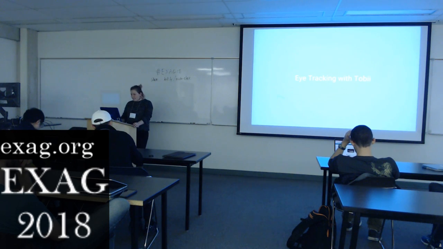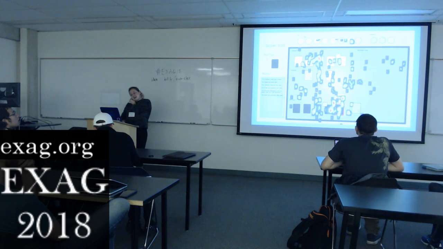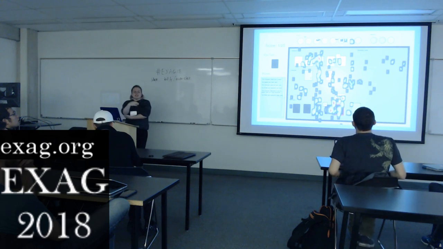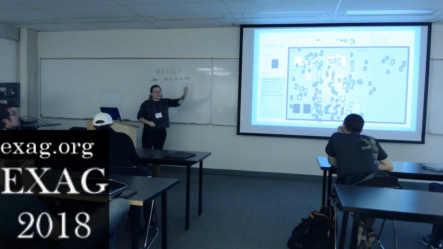I'll explain what this picture is showing in just a second. Our implementation of the eye tracking currently has a little dot, like a little X, that moves around wherever the player is looking, which is really cool for debugging, but not super helpful if you're trying to play the game. It's kind of distracting.